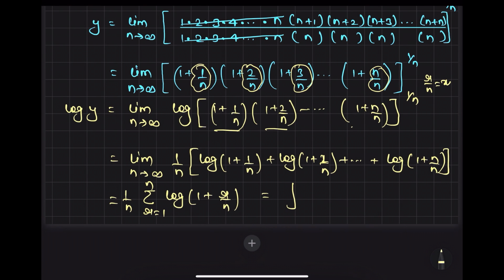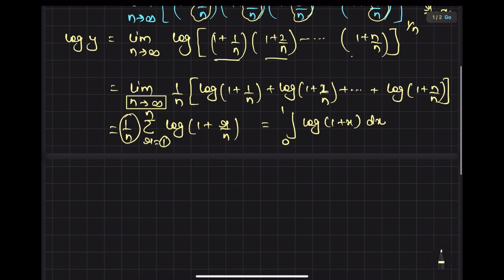You will be applying the integration sign, because I want to replace the summation, then I have to write log of 1 plus x. Now this 1 by n will become dx, and if you replace r with 1, x will become 1 by n, and n is approaching infinity, so that will become 0. So the lower limit will become 0, and if you replace r with n, the upper limit will become 1. Okay, so this is your integration.